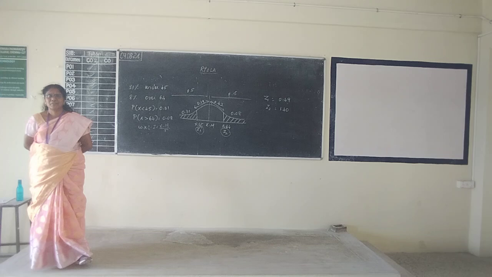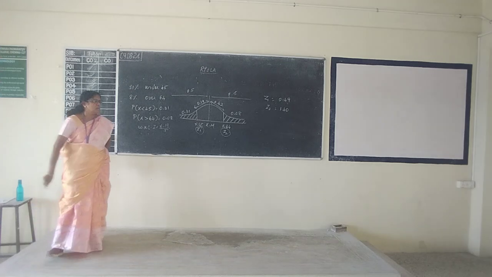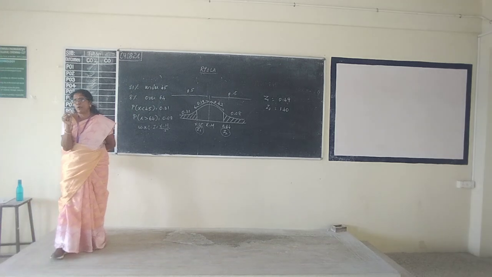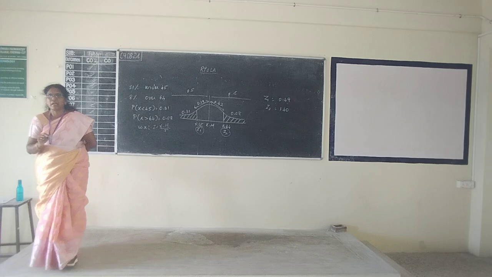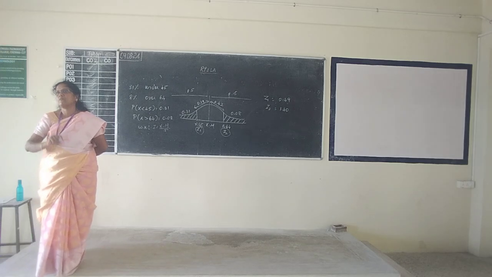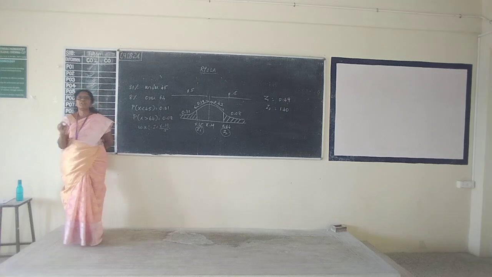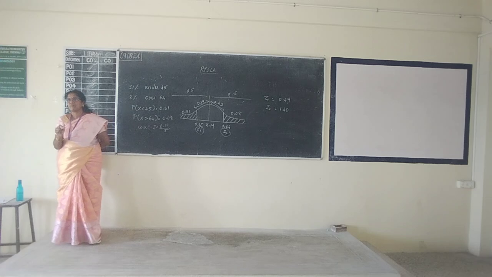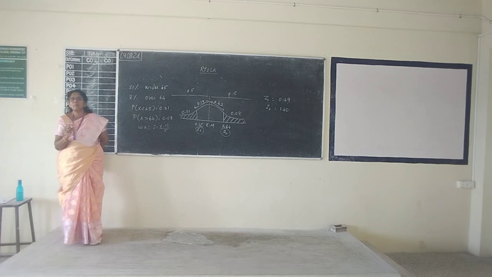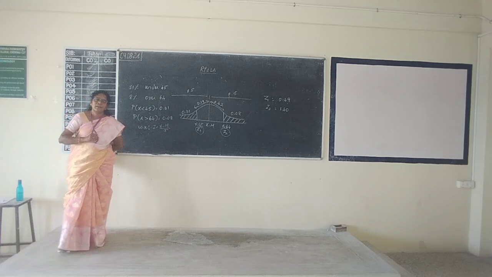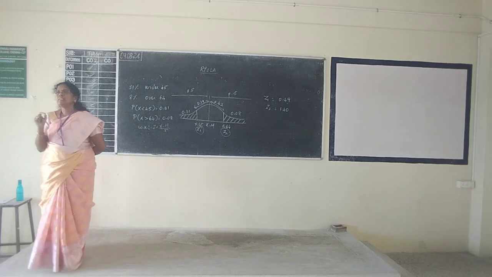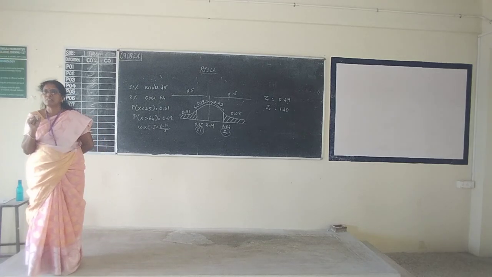Clear? Okay. Continue. Now there is one important point you have to remember when you are calculating Z1 and Z2: the nature of Z, whether it is going to be a positive value or a negative value. What is the center point? Z equal to 0.